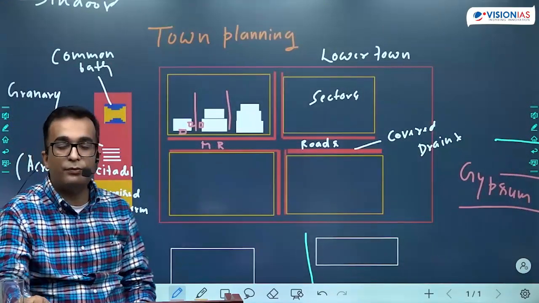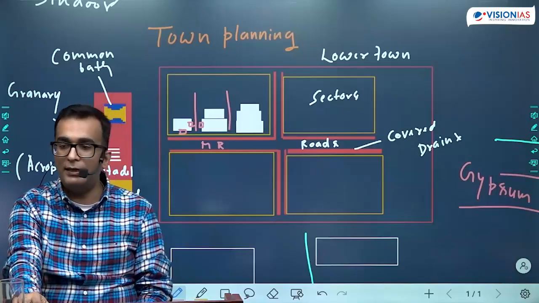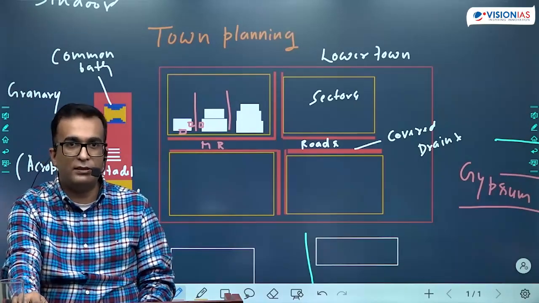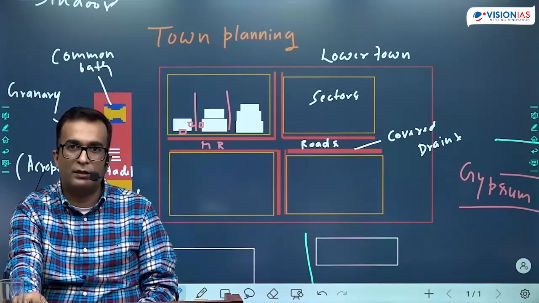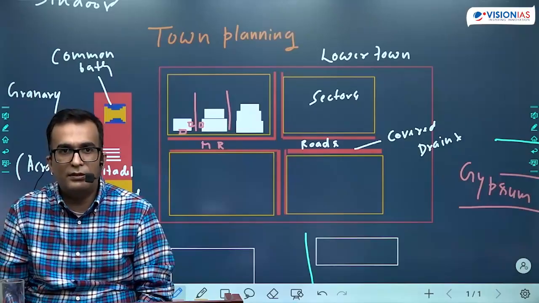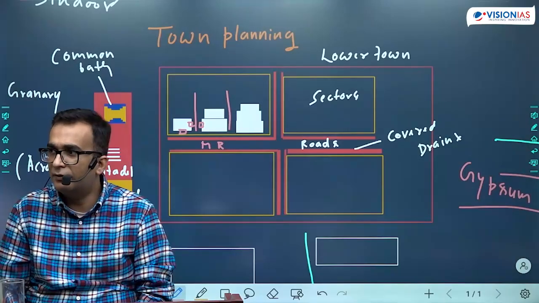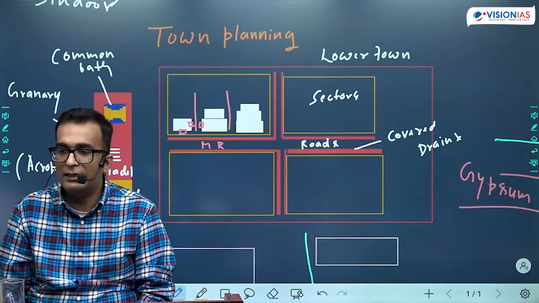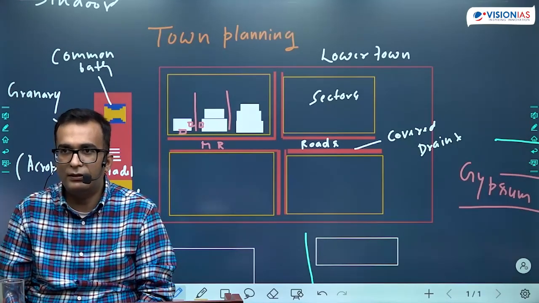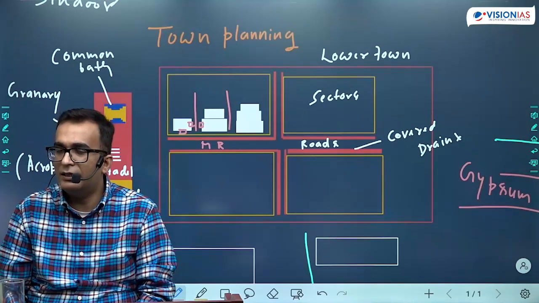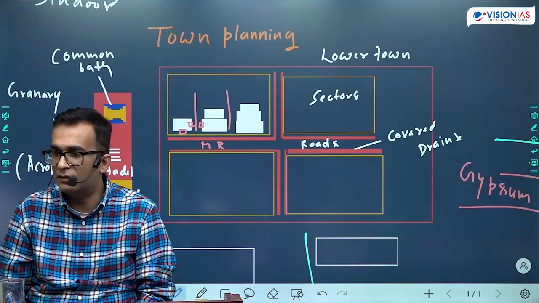Okay, mention. Inside the sectors, there were instances of single story, double story, and even triple story houses.